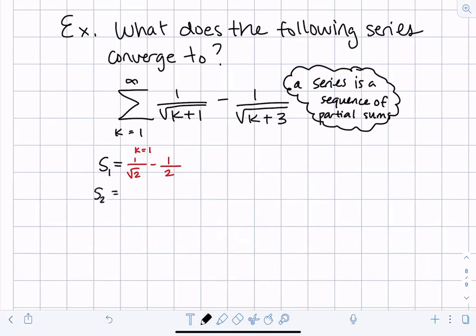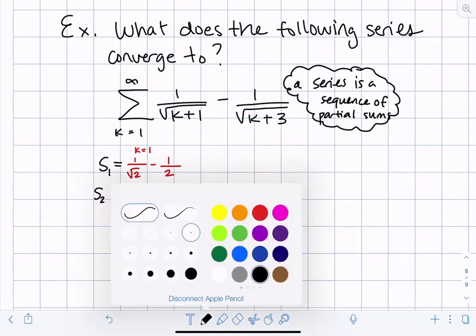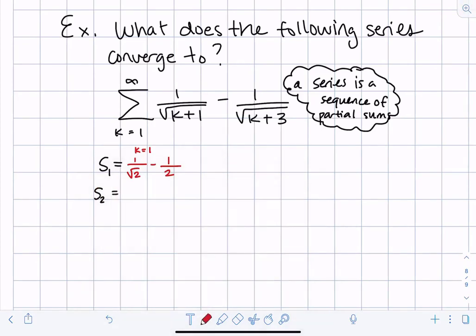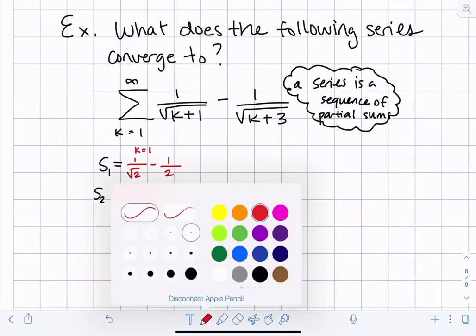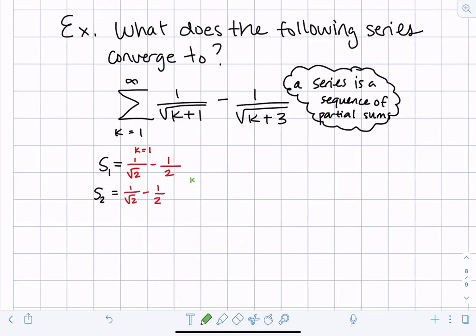Let's take a look at S sub 2, our second partial sum. Copying from our first, we have 1 over root 2 minus 1 half. Now onto that, let's use a different color, we're going to add in k equals 2. So now we're going to add what we get when we plug in the index k equals 2.